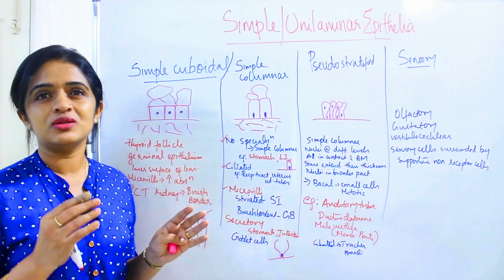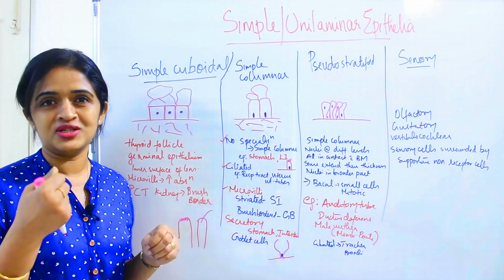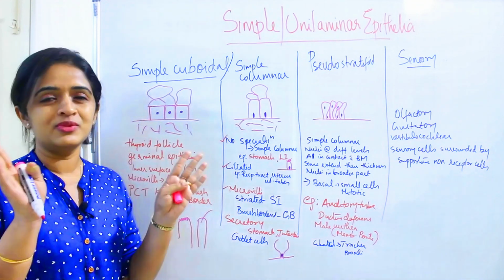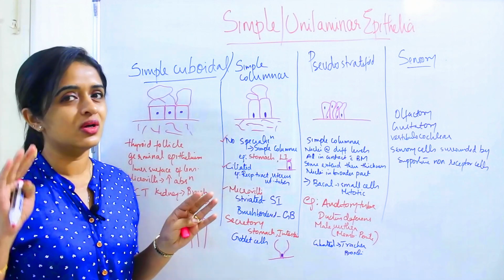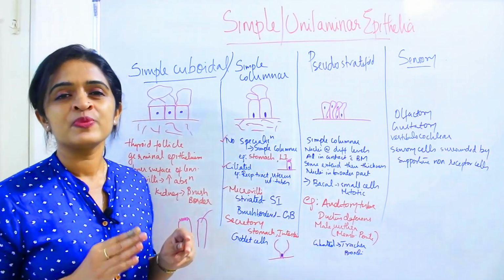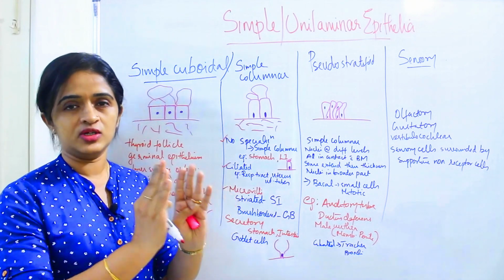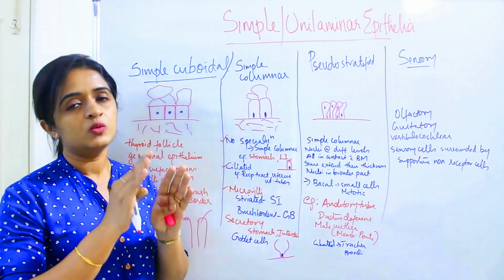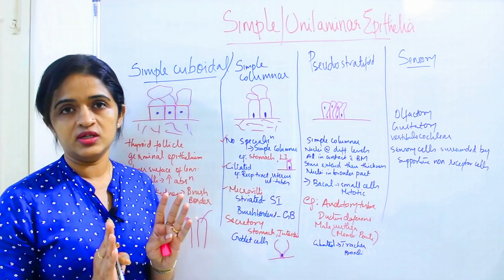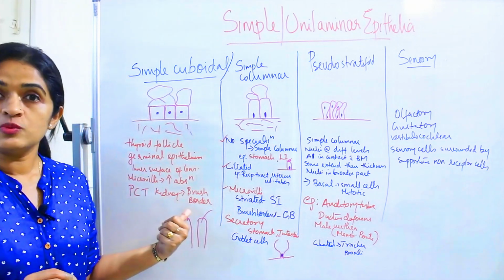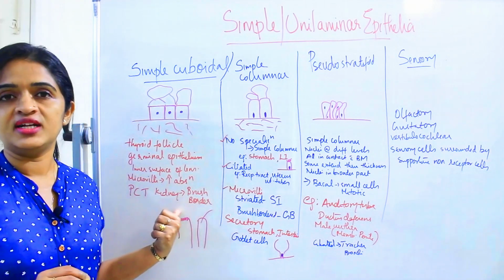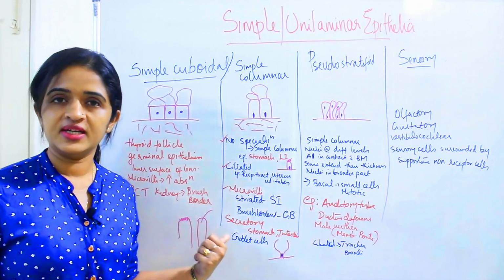Brush, you can just imagine our daily-use brush: the fibers will definitely be in different directions. That is how I used to remember. So striated means regularly arranged microvilli, whereas brush bordered are irregularly arranged. Brush bordered cuboidal cells you get in the proximal convoluted tubule of the kidney.